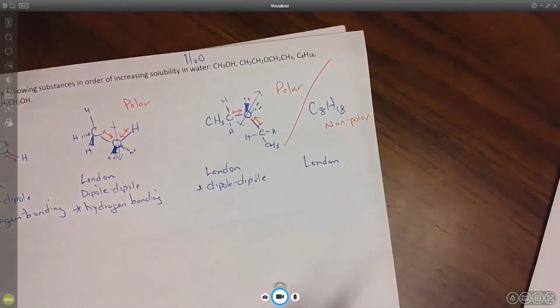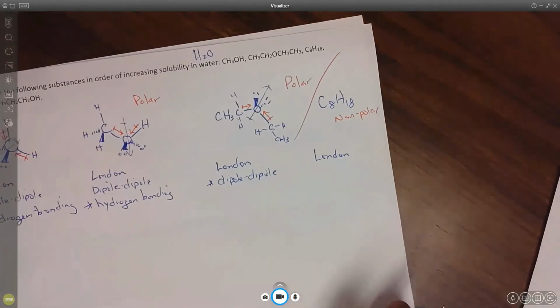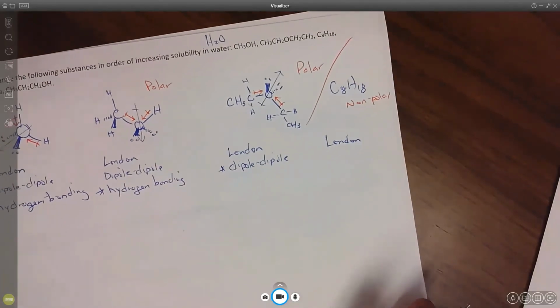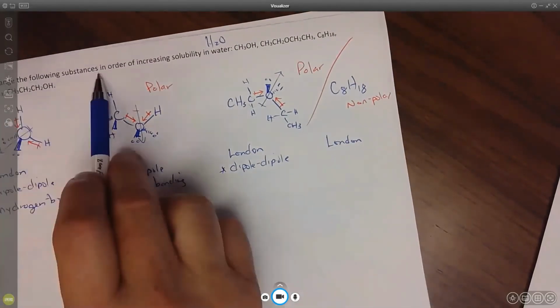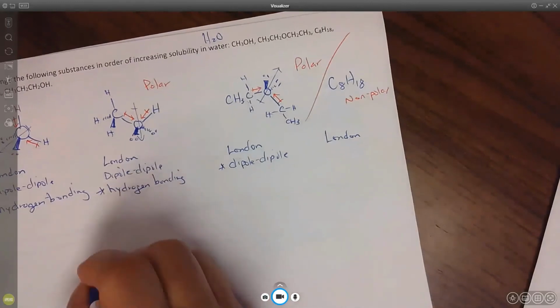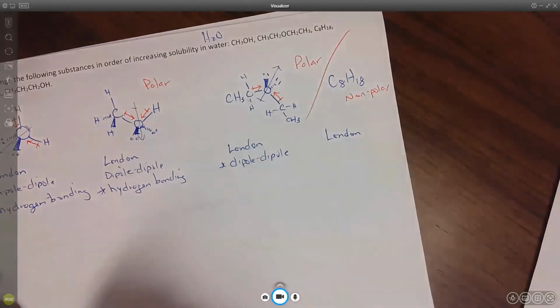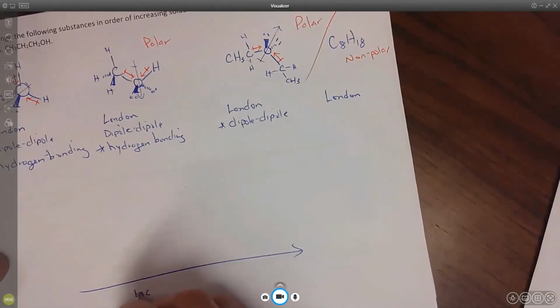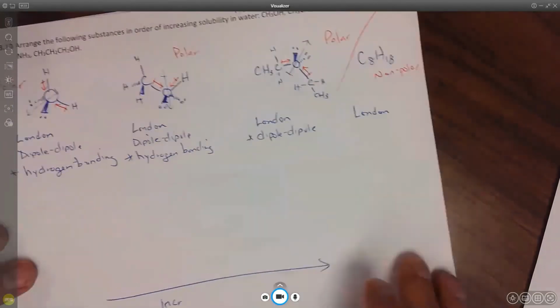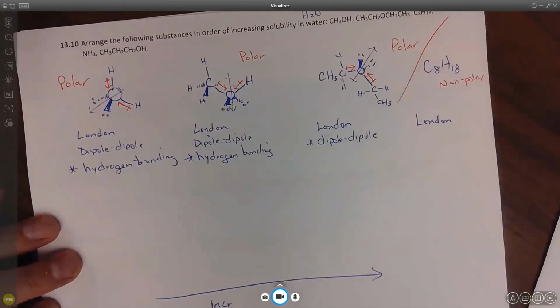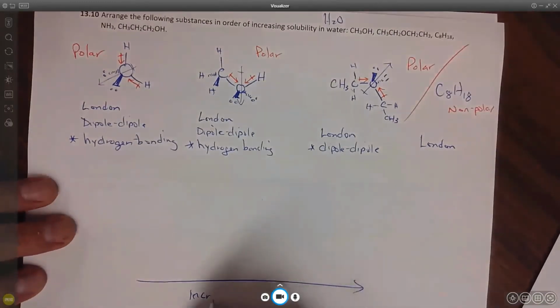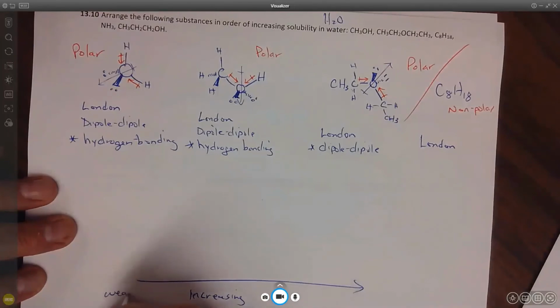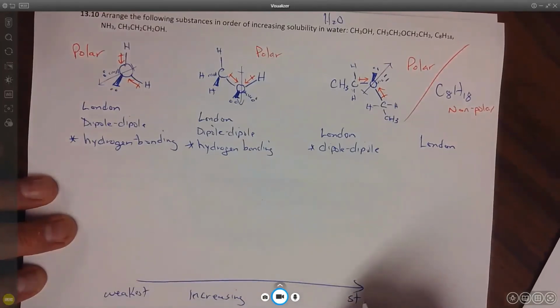Okay, Keenan, I want you to arrange these in increasing solubility. So what I suggest you do is go weakest to strongest, lowest to highest.